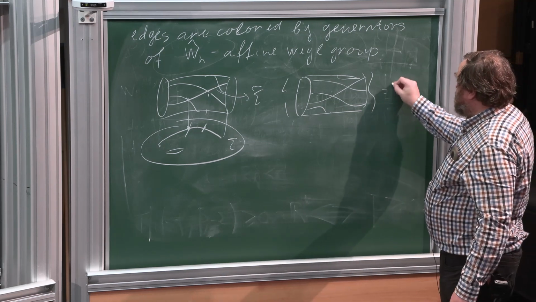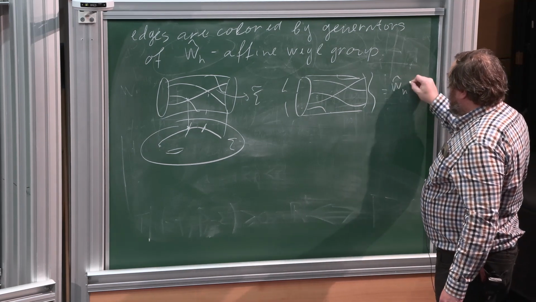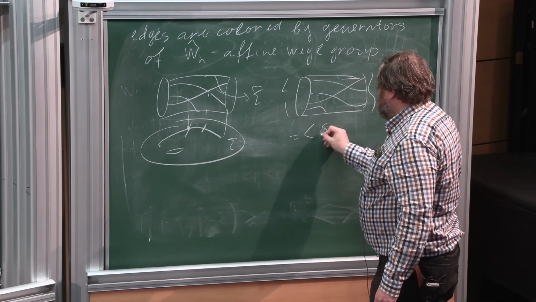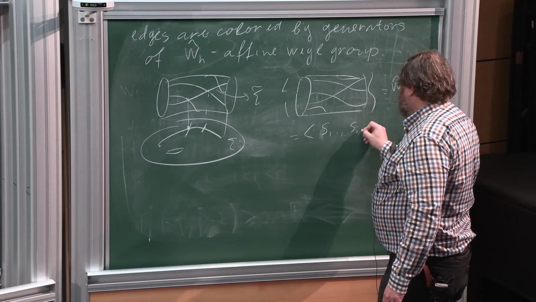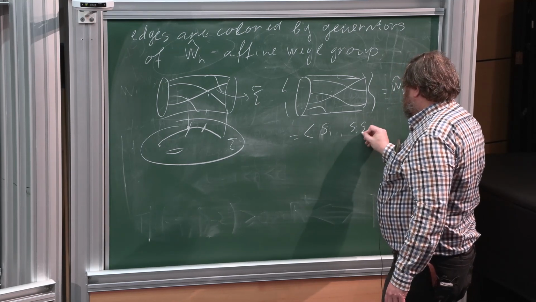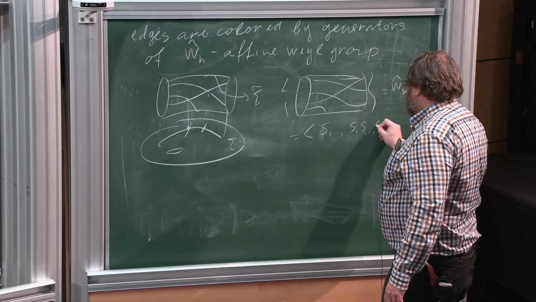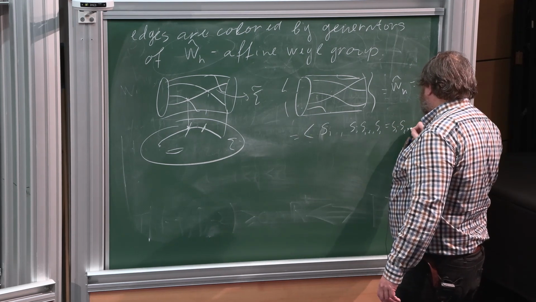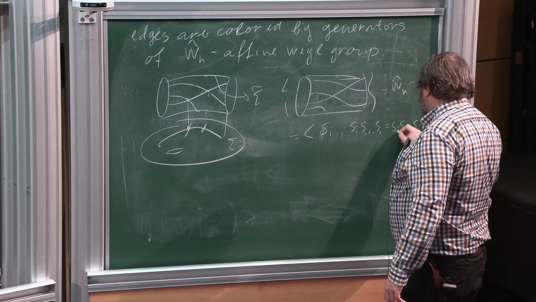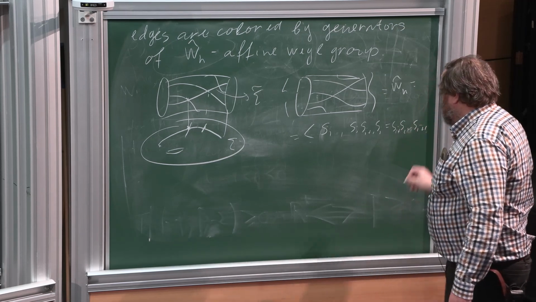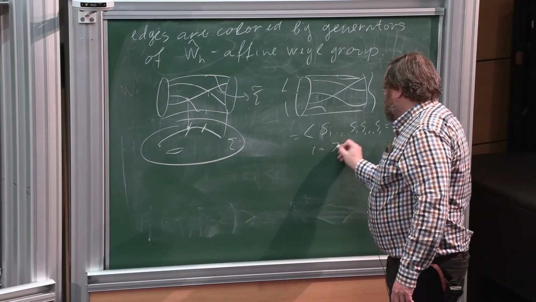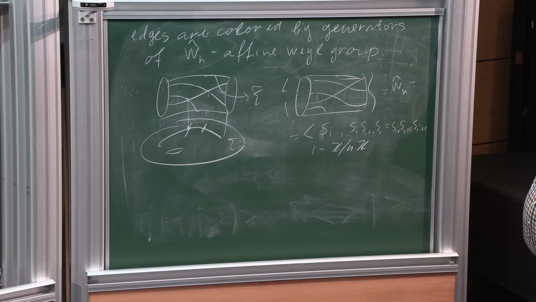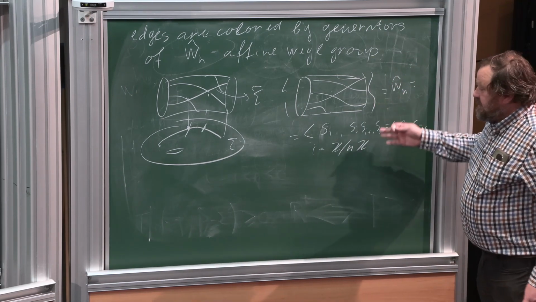So this is W n hat by definition, the group generated by the generators Si, such that Si Si plus 1 Si equals Si plus 1 Si Si plus 1, where i is in Z over NZ. So it's cyclic generators, and this is W n hat.